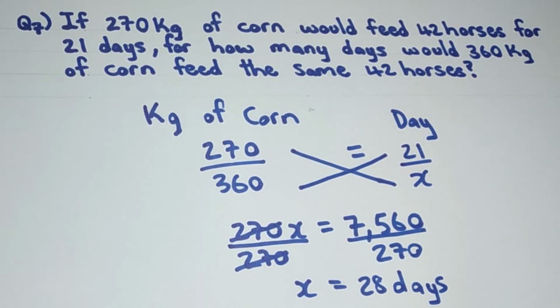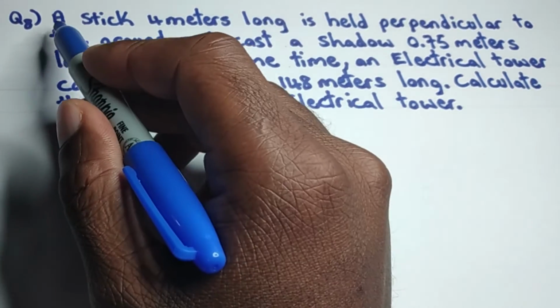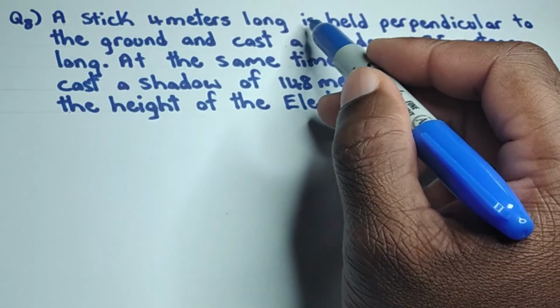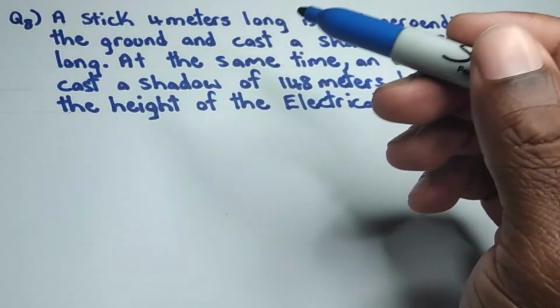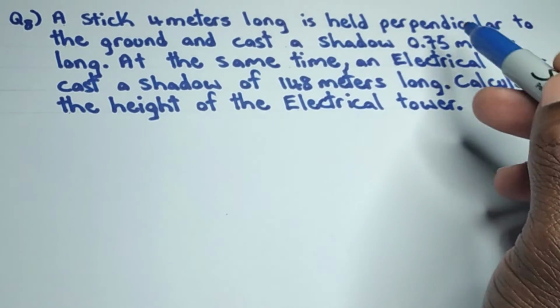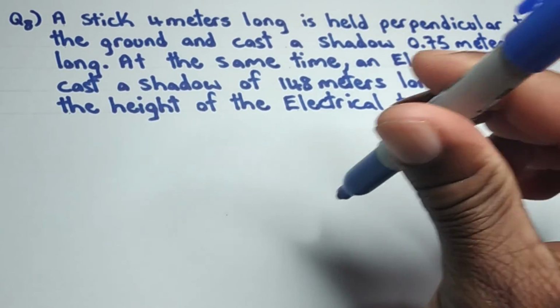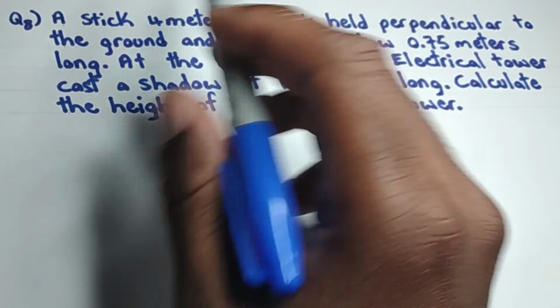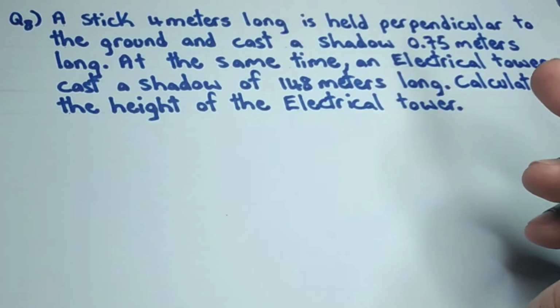So let us look at the final question for this video, question 8. A stick 4 meters long is held perpendicular to the ground. If we hold a stick perpendicular to the ground, that simply means we would have held that stick upright, which means the length of the stick would simply be the height of the stick.